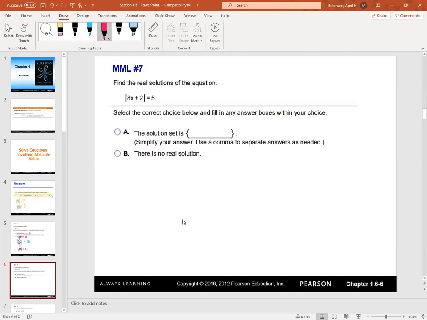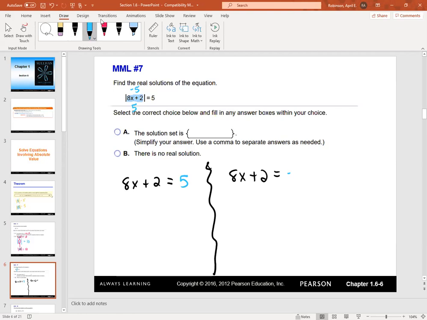Now, some of these get a little bit more complicated. The absolute value of 8x plus 2 is equal to 5. That means the stuff inside could have been a 5 or it could have been a negative 5 before you took the absolute value. So you take the 8x plus 2 and say, okay, maybe that's a positive 5, or maybe it equals a negative 5.